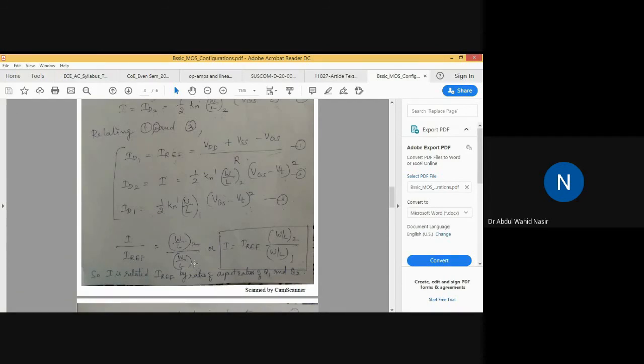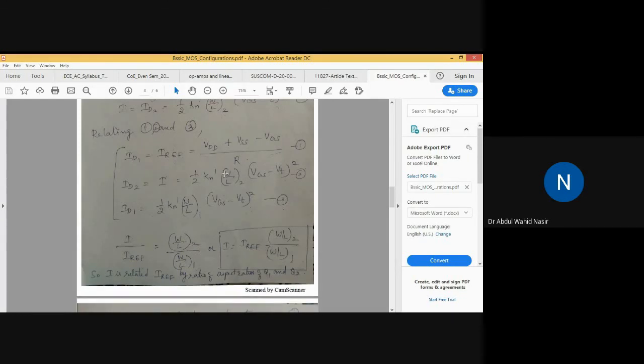What is W by L? It is the aspect ratio. So we can write I is equal to I reference into W by L suffix 2 divided by W by L suffix 1. Since from equation 1 we know the value of I reference, and we can choose that I reference by varying R, we can have a suitable I reference.